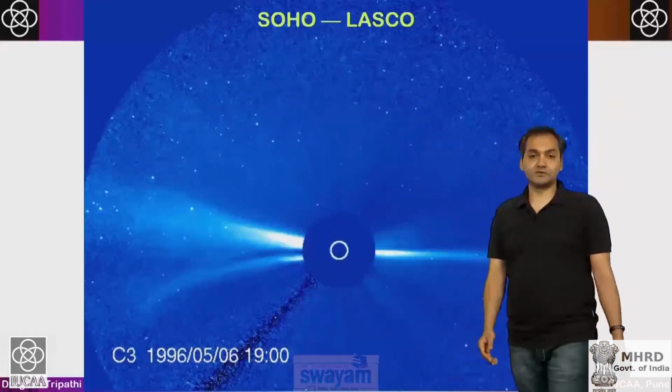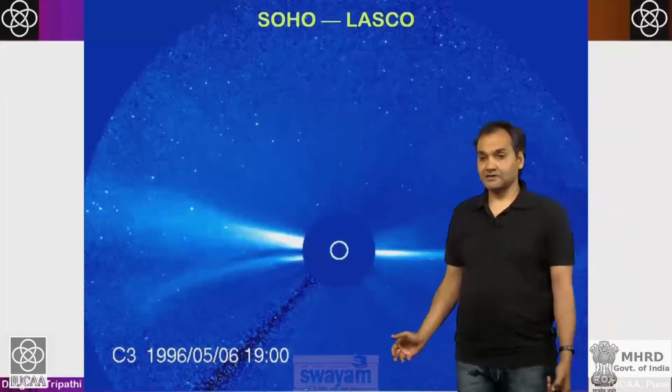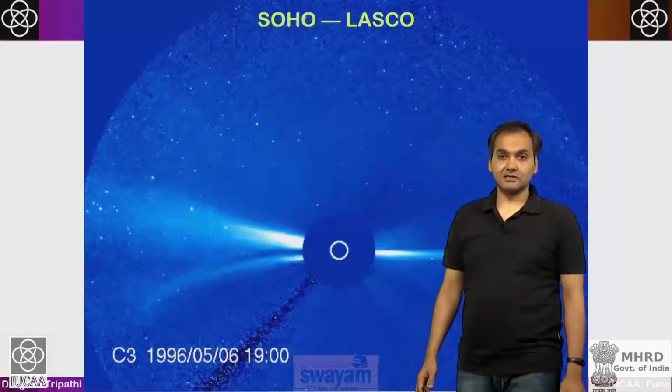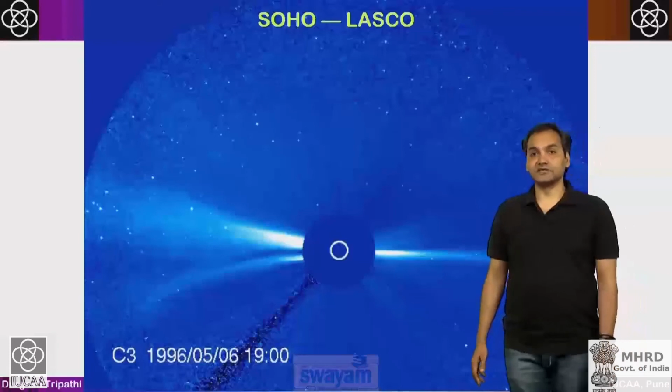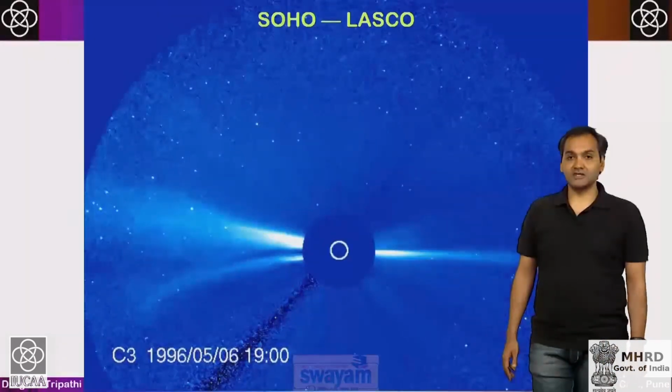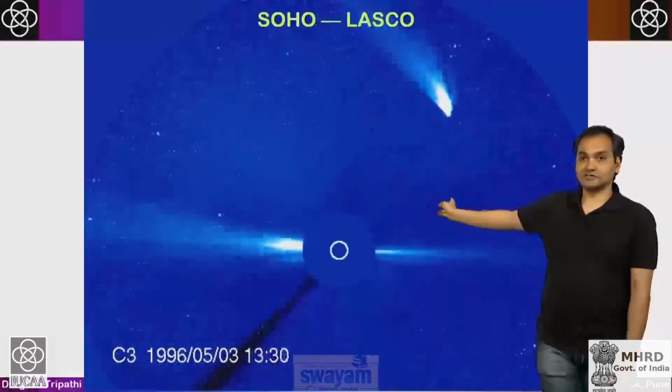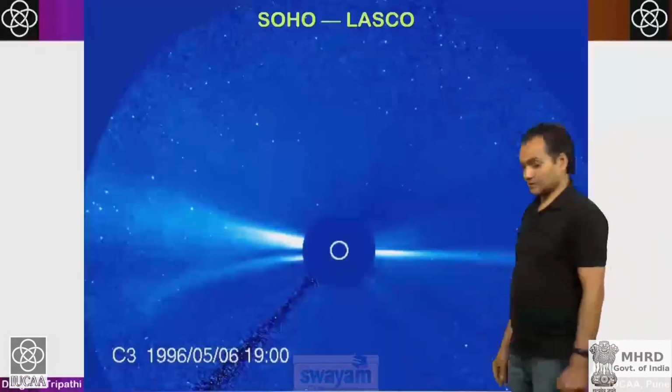We know that there are 2 tails to a comet, the dust tail and the ionic tail, and it is the ionic tail which is pointing radially outside, as you can see in this grazing comet.